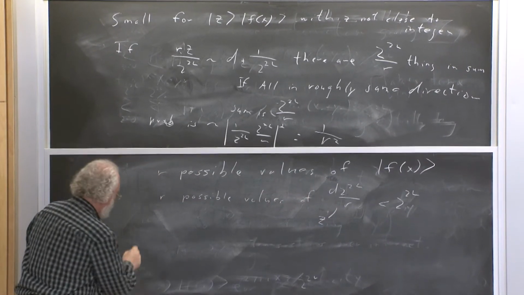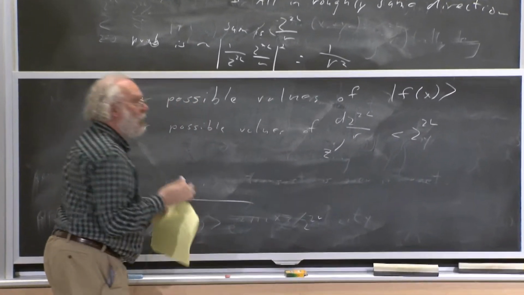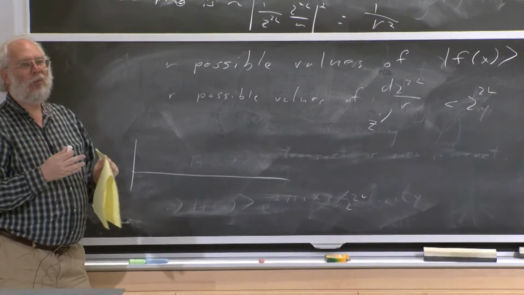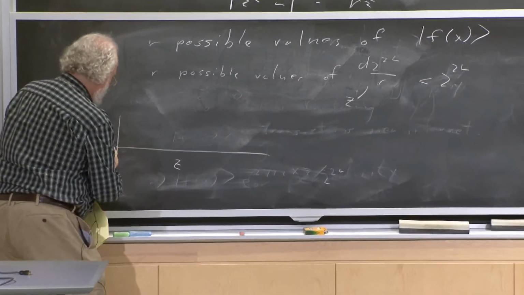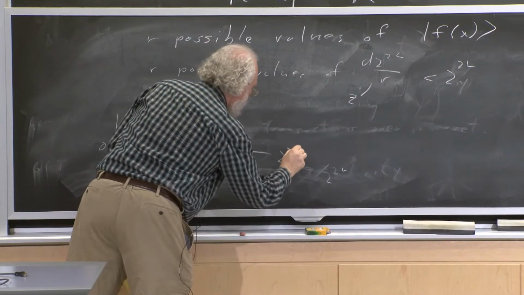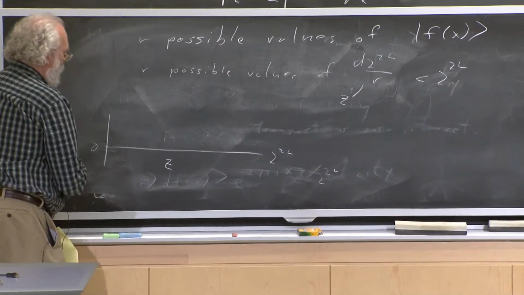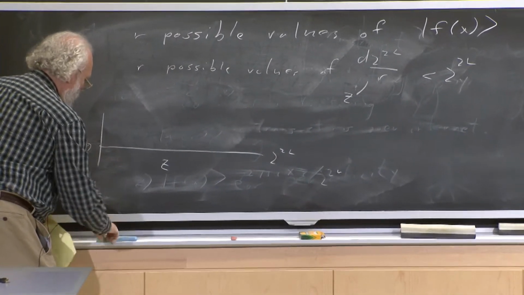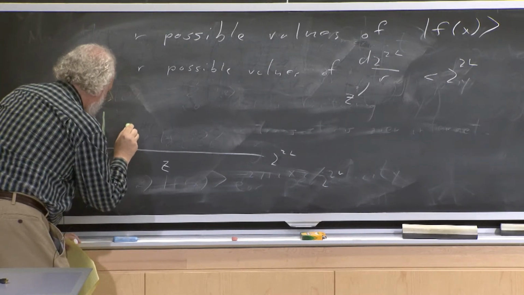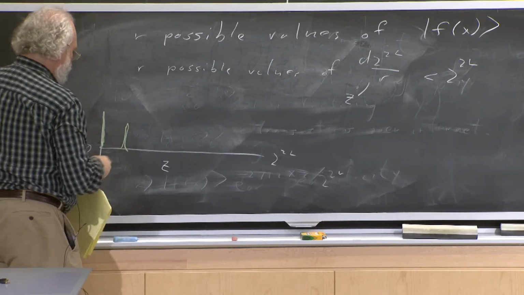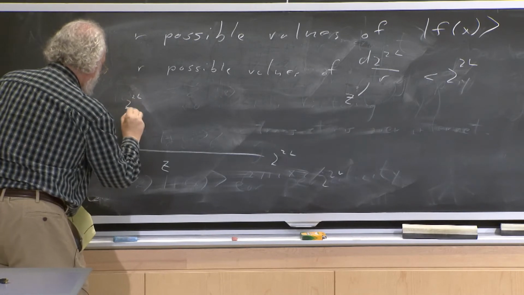And what really happens, although I'm not going to have a chance to prove it, is you can look at the values of z between 0 and 2 to the 2L. There's one spike at z equals 0. There's a spike at 2 to the 2L over r.